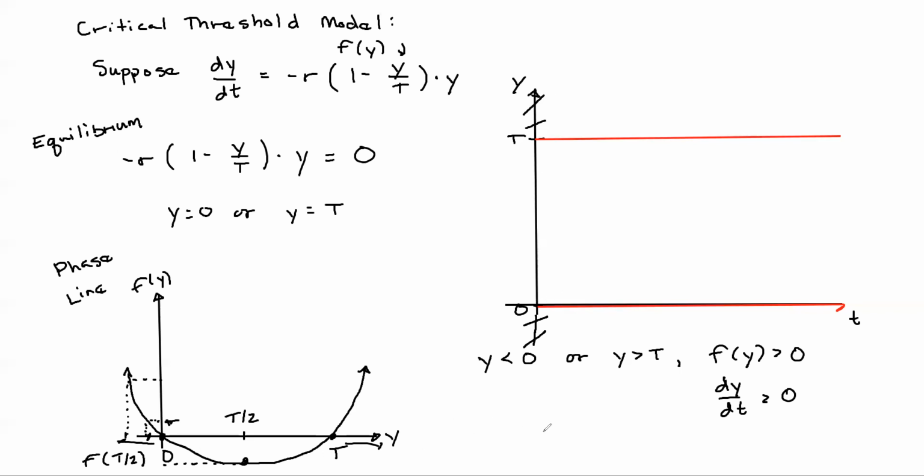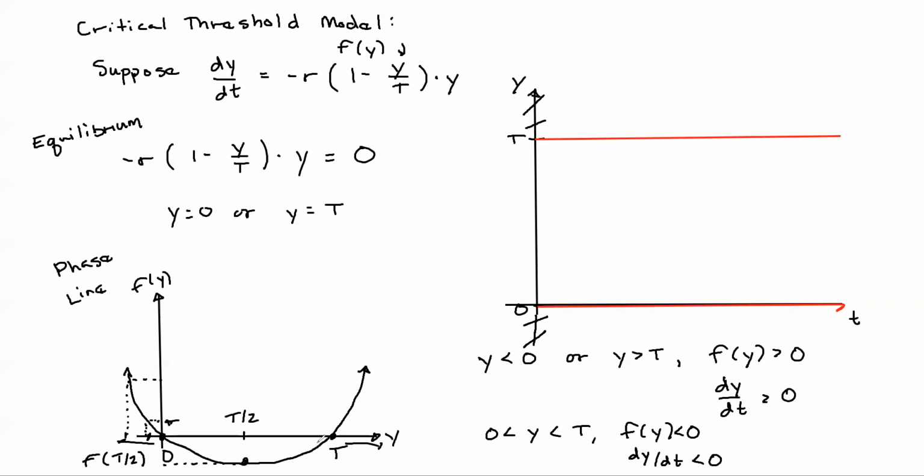And then between 0 and t, when 0 is less than y is less than t, that's when f of y is negative. And again, since f of y equals dy dt, that's when dy dt is negative. That's when we're going to have negative slopes. So between here, we're going to have negative slopes. So how could we draw those negative slopes? Should we just draw a bunch of negative slopes in here? No, we want to take it slow here and look to our picture.